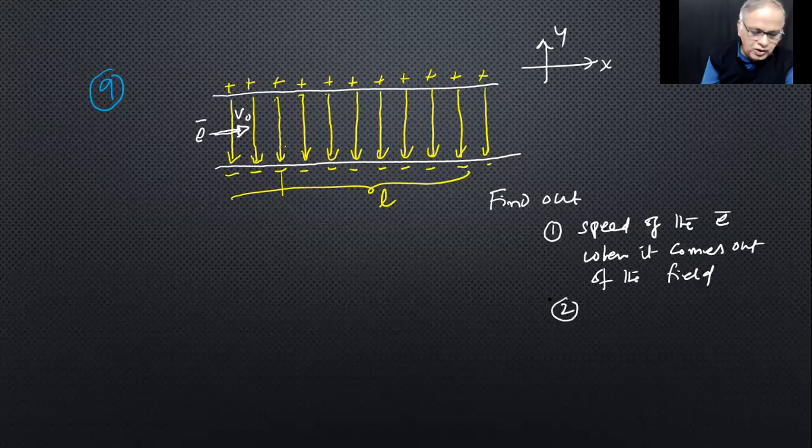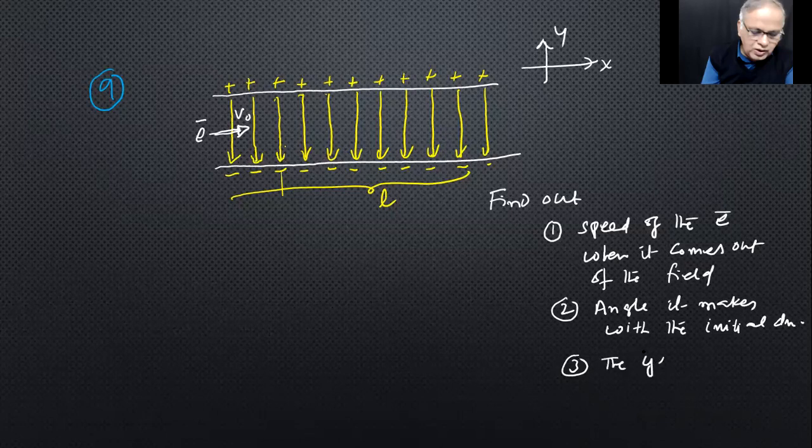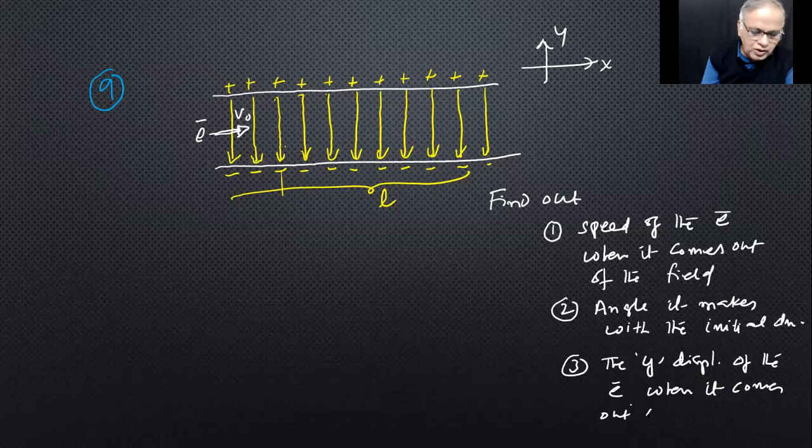Two, the angle it makes with the initial direction. Three, the Y displacement of the electron when it comes out of the plates, whatever. So these are the three questions we need to do.